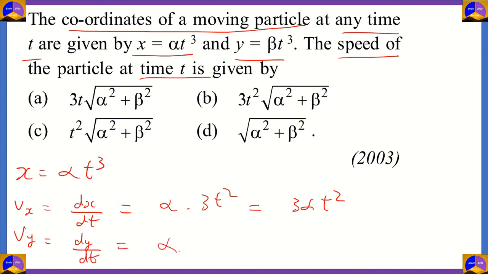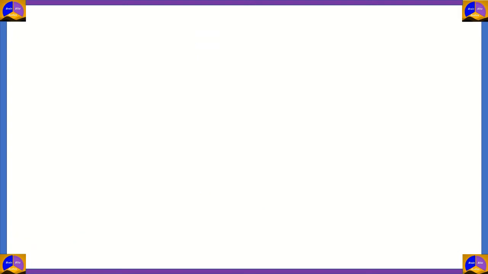That is equal to beta times 3t squared, because d by dt of t cubed is 3t squared. That is standard differentiation. So you will get 3 beta t squared as the value of the y component of the velocity. Now we know the x component and the y component of the velocity.